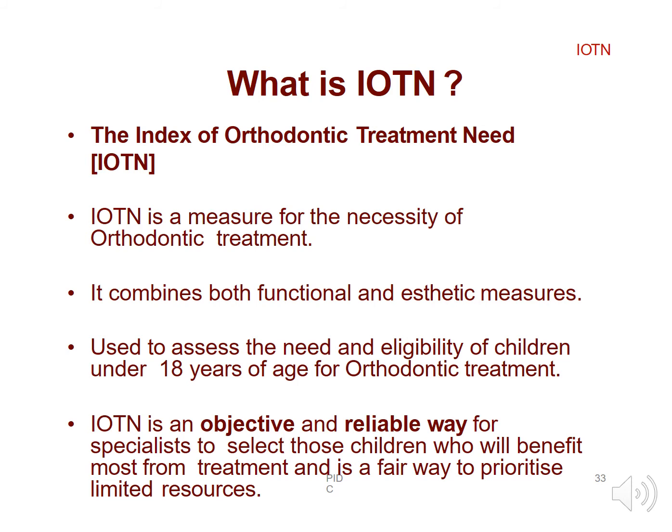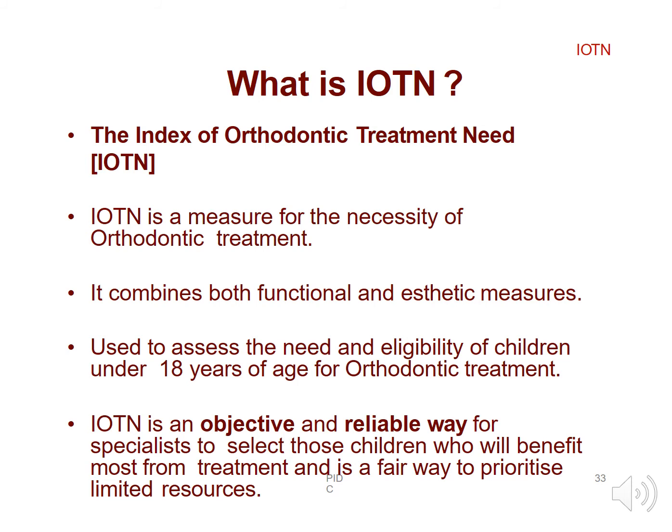It combines both functional and aesthetic measures, and it's used to assess the need and eligibility of children under 18 years of age for orthodontic treatment. Mainly in government clinics, we use this index to screen for patients that are eligible for orthodontic treatment before we put them on the waiting list.